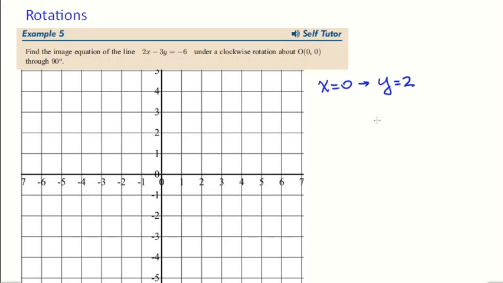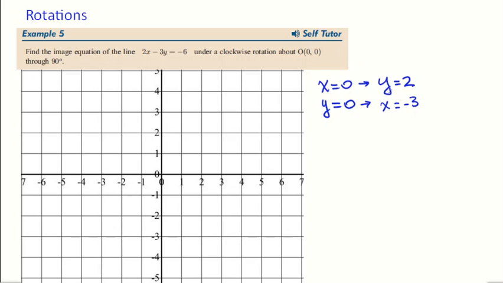Now, what happens when y is 0? So basically I'm trying to find the y-intercept and the x-intercept, or the roots. So when y is 0, this is going to vanish, so 2x equals -6, therefore x is negative 3.